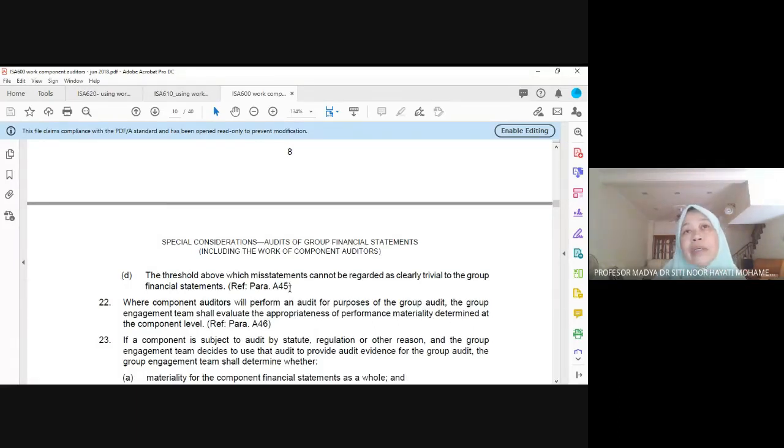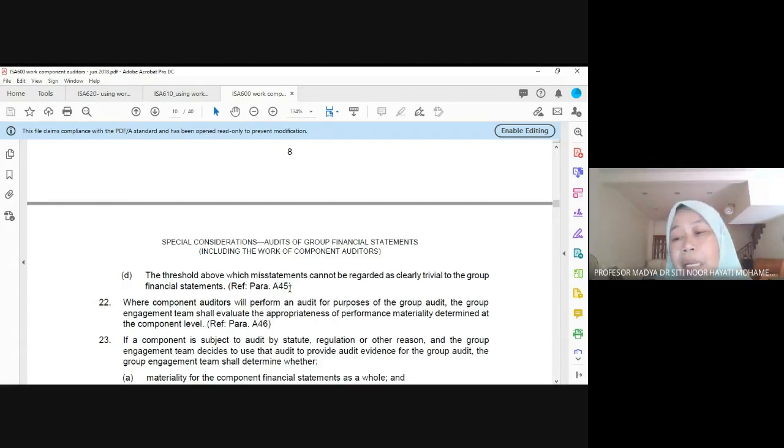If not, that means the group auditor has to do the work themselves. Similarly, with regard to using the work of the internal auditor, if the external auditor cannot rely on the work of the internal auditor, the external auditor has to perform the test of control themselves.